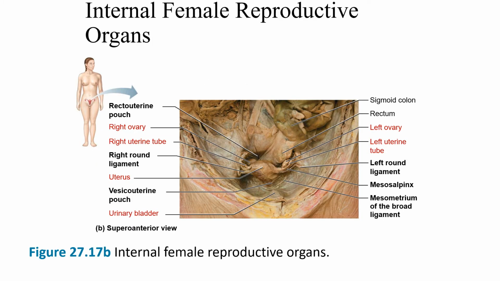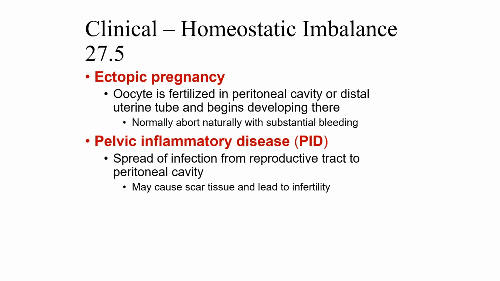So here's a cadaver, and you're going, wow. Look at where the rectum is. Look at where the uterus is. Look at where the urinary bladder is. This gives you some ideas of what things look like. Now, two problems that can take place. Ectopic pregnancies.